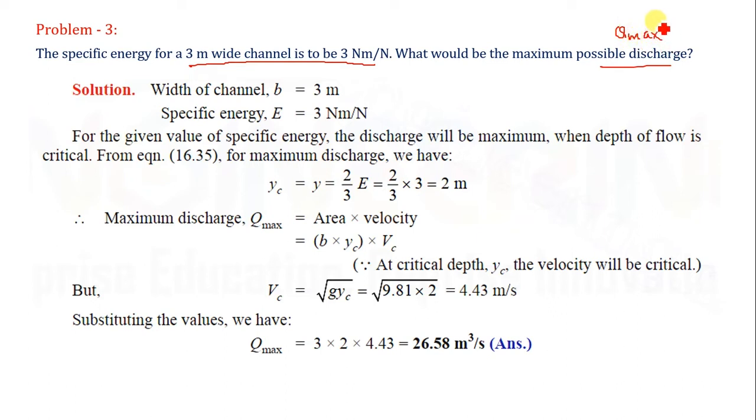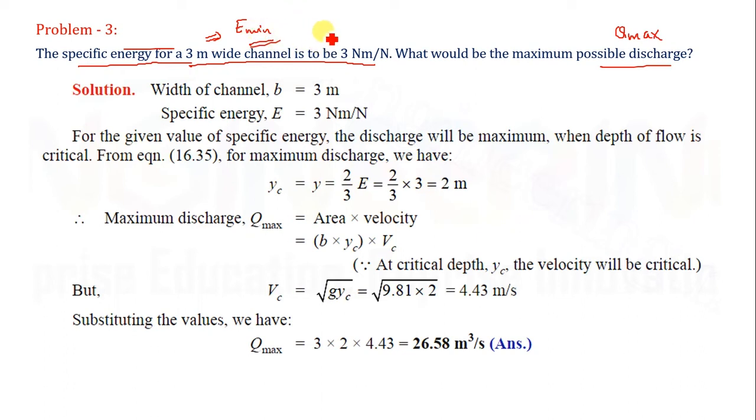See here, I told you earlier, discharge is going to be maximum when the specific energy is minimum. When the specific energy is minimum, this flow is called critical flow. So in this question, since he is asking you to calculate the maximum possible discharge, the specific energy given in the question has to be E minimum.